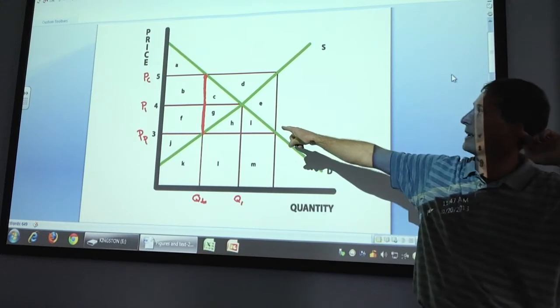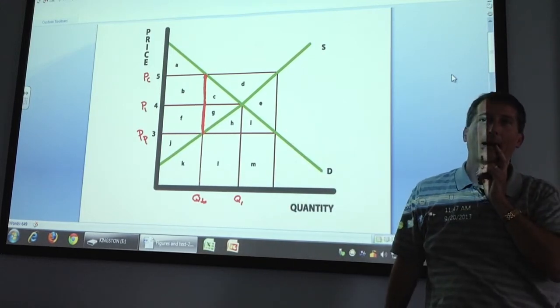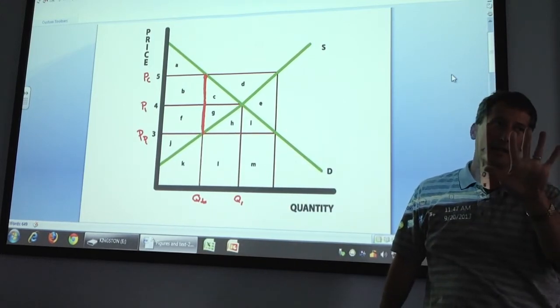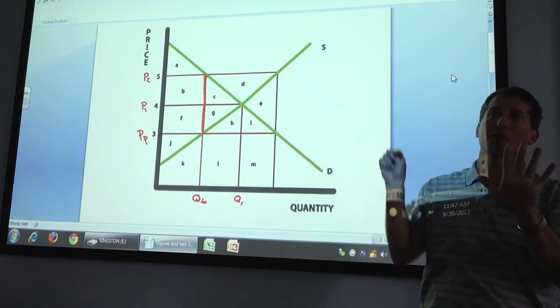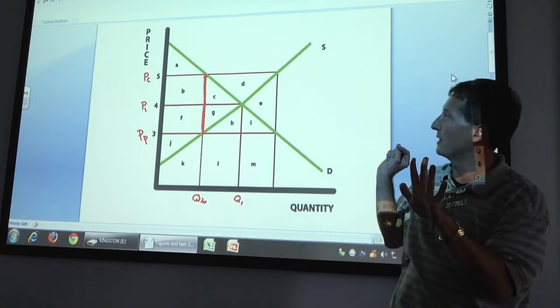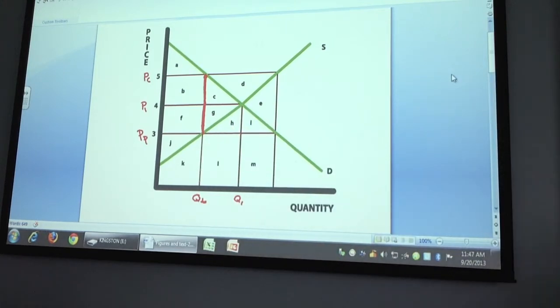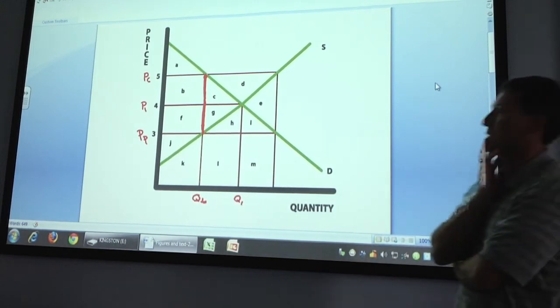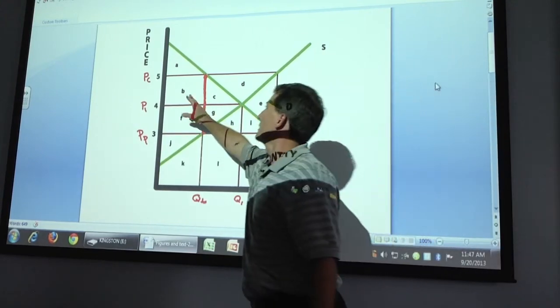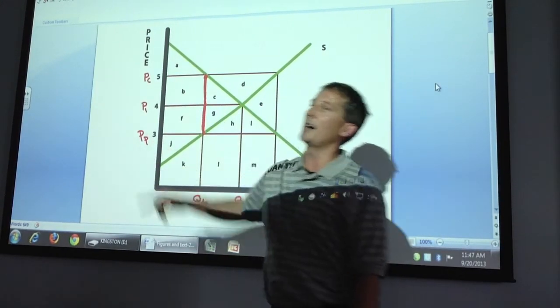What are they paying after the tax? $5. The new consumer surplus is what area? Just A. So the new consumer surplus area is A. What is the change in consumer surplus compared to before the tax and after the tax? We took away B and C. So B and C are gone.